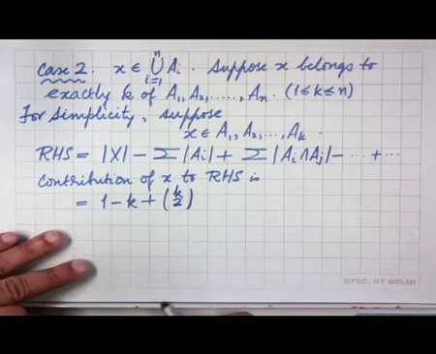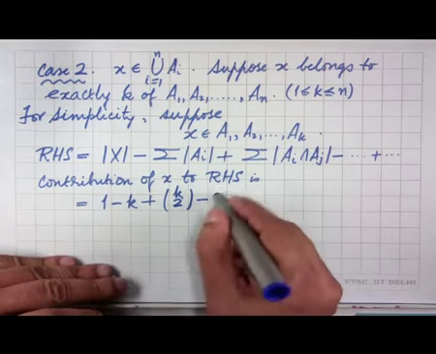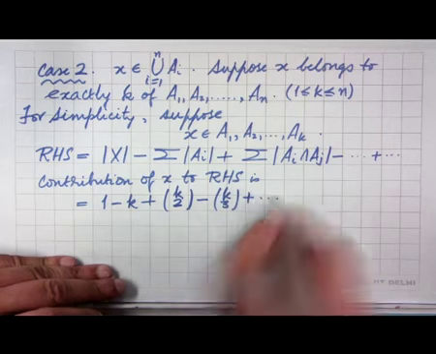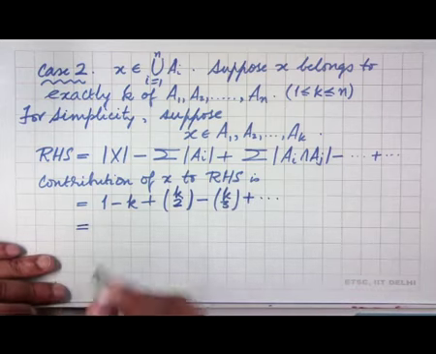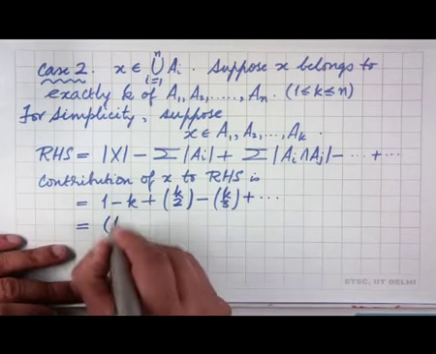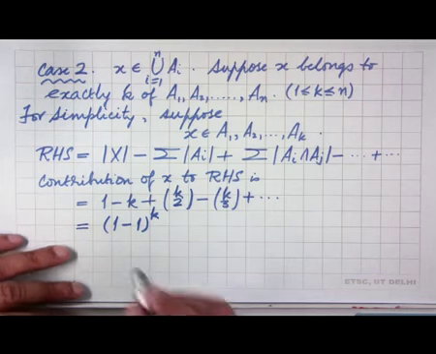The next term is similar. The term which I haven't explicitly written down involves taking sets three at a time, and therefore I will get k choose 3, and so on and so forth. Having done the binomial theorem, you would recognize that this is the expansion of (1 minus 1) to the power of k.